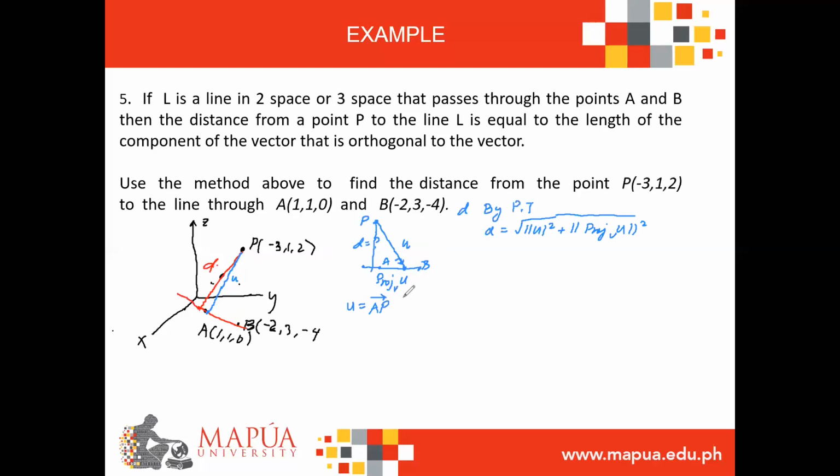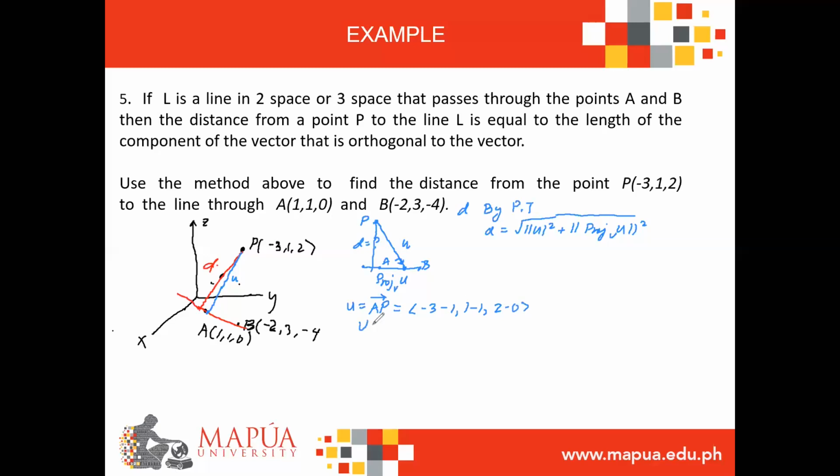With that, the components of your vector U is the distance of your AP, or the components of your vector AP. Being A as the initial point, the terminal point is P. So we have here -3 minus 1, then 1 minus 1, then 2 minus 0.